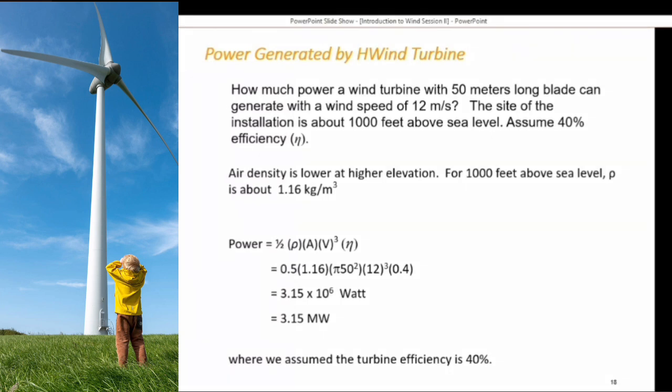One formula, as we have, for power generated by a horizontal wind turbine. How much power can a wind turbine with this meter-long blade generate with a wind speed of 12 meters per second?